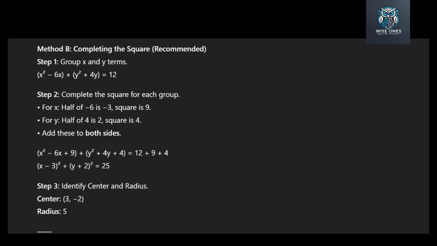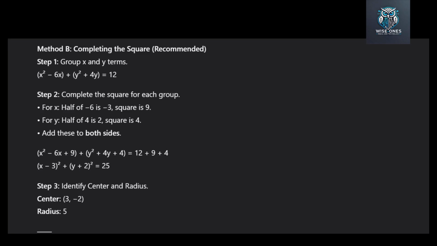The second bracket becomes open bracket y plus 2 close bracket squared. The right side, 12 plus 9 is 21, 21 plus 4 is 25. So we have open bracket x minus 3 close bracket squared plus open bracket y plus 2 close bracket squared equals 25.